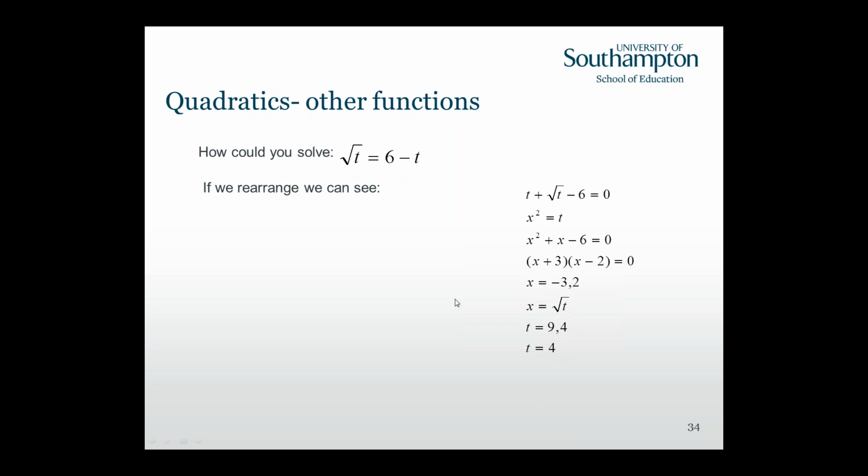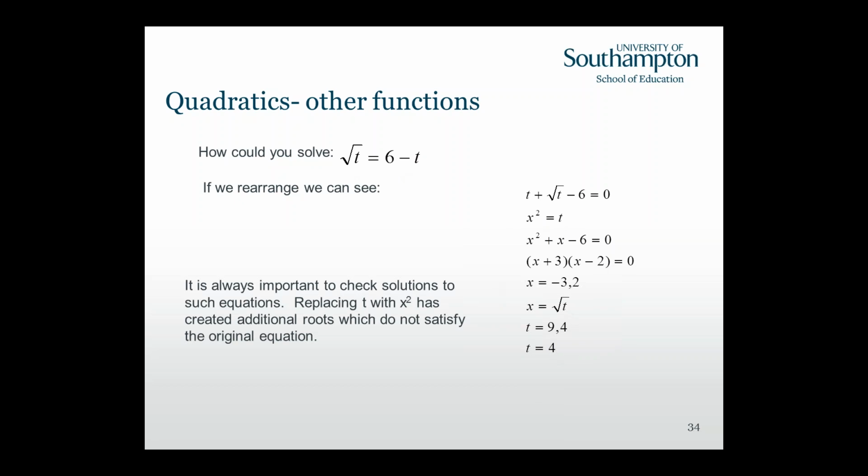So these are the sort of things that you would acclimatize them to, and they'll see the sort of little tricks on exam papers. It's just experience. This is where it gets into really deep algebraic manipulation. However, they don't both satisfy the original equation, so you have to check, because actually only t equals 4 would work.